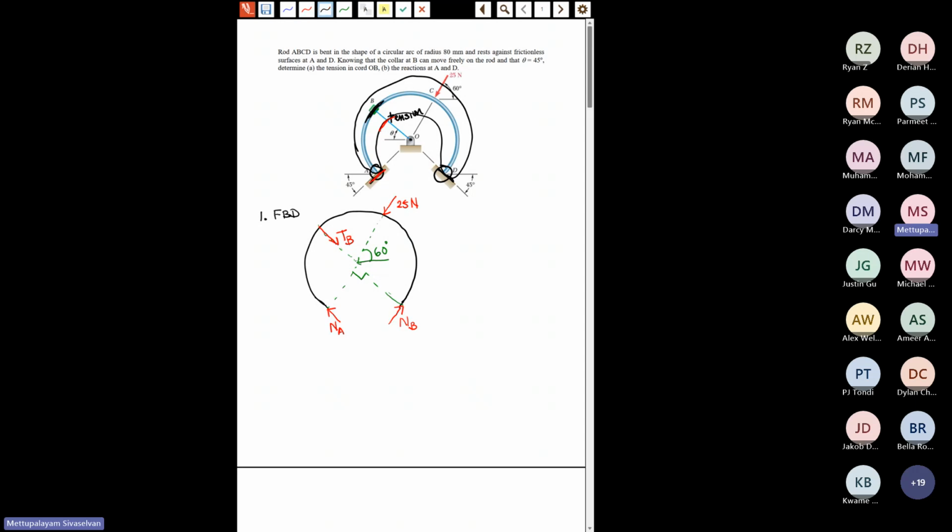Also label the points here. This is A, B, A, that one's D, I'm sorry. So this is N sub D. This is B. These angles are 45 degrees each.